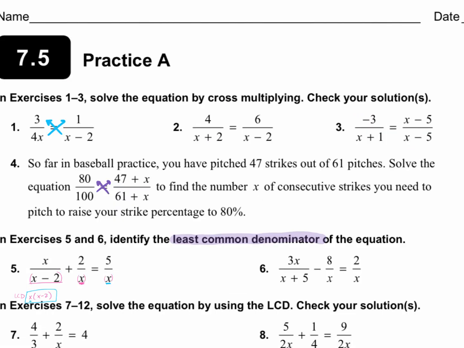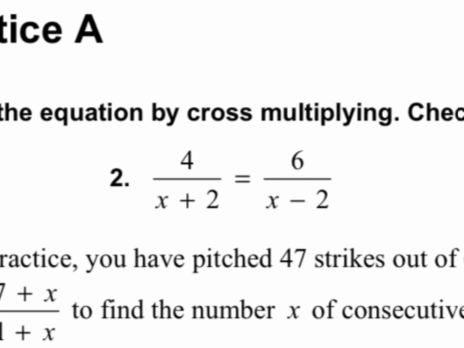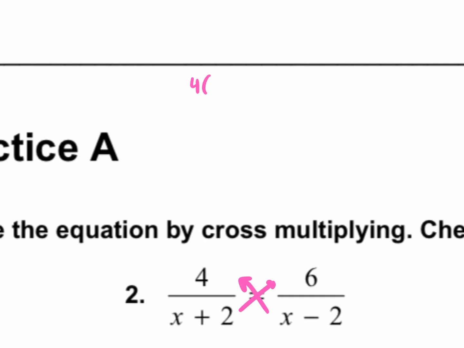All right, let's do number 2. When I have a fraction equals a fraction, how can I solve? Cross multiply. So here we get 4 times x minus 2 is equal to 6 times x plus 2. So that equal sign just stays in the middle.